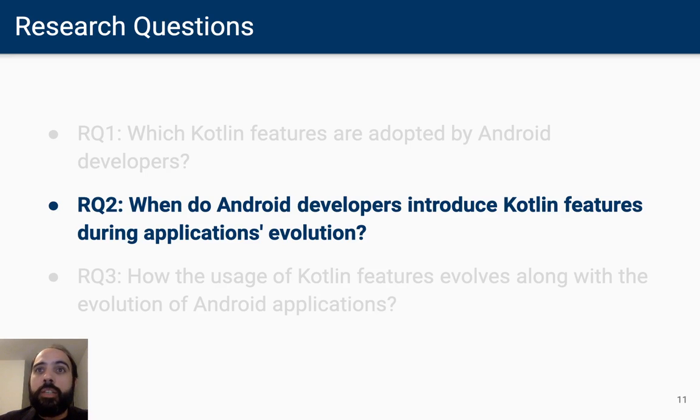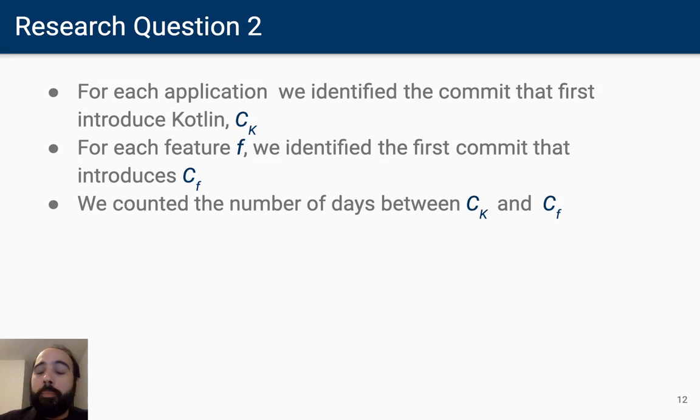To answer research question 2, for each application, we identified the first commit that introduced Kotlin code in that application. Then, for each feature, we identified the first commit that introduced the feature. And then, we counted the number of days between the introduction of Kotlin and the introduction of a given feature.